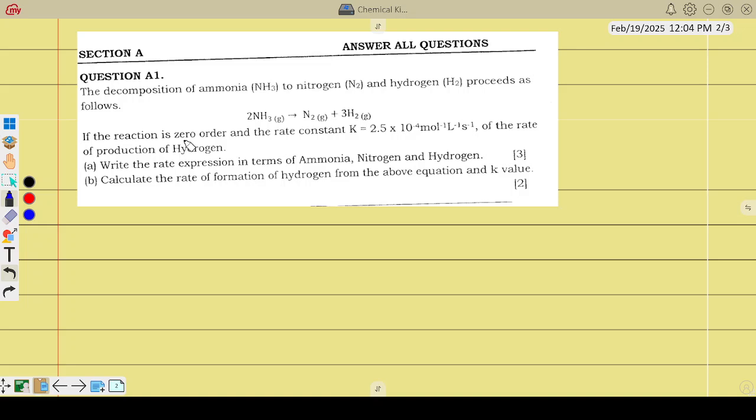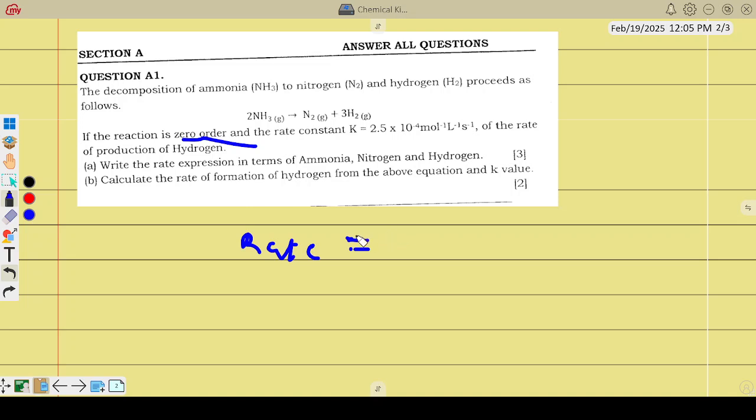They said it's a zero order reaction, and then write the rate expression in terms of ammonia, nitrogen, and hydrogen. So the rate expression, you have to start writing. So the rate of ammonia, with rate expression, is it rate law?